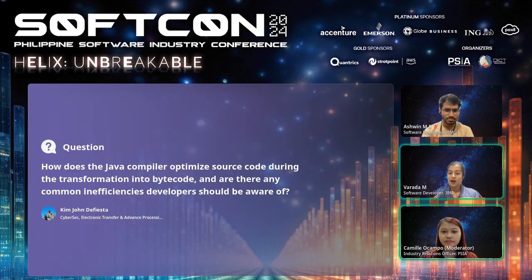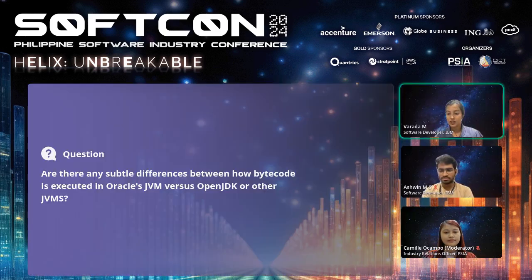I also see one more question that I could answer. That is, are there any subtle differences between how bytecode is executed in Oracle's JVM versus OpenJDK or other JVMs? We could say OpenJDK has the HotSpot VM, and I would take another example, IBM's Semeru, which has OpenJ9. The differences are definitely there, right?